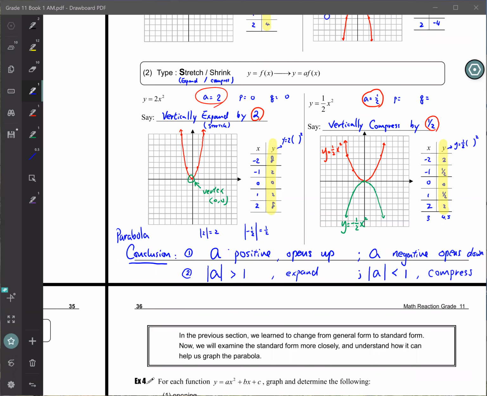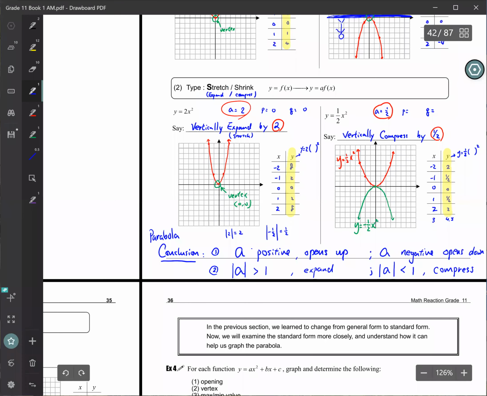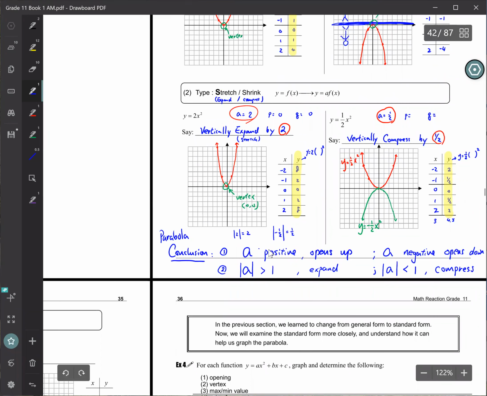Can you write these down? After you write this down, I would like you to turn on your mic. We're going to repeat these 2 rules together because they are very important. Once you finish copying it, you can turn on your mic.